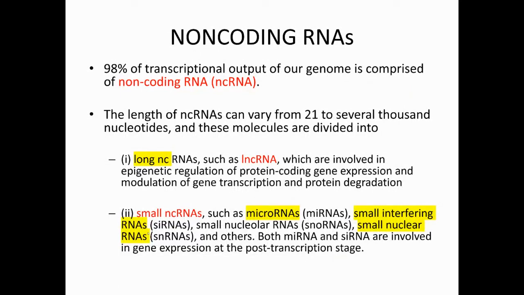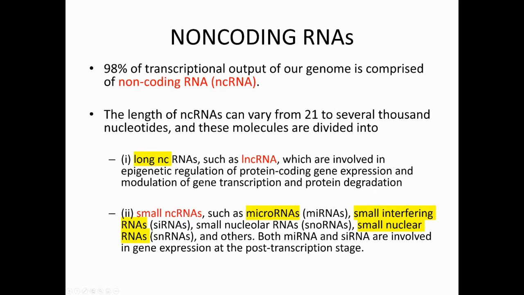And now the non-coding RNA. 98% of the transcriptional output of our genome is comprised of non-coding RNA. It's called ncRNA, and the length of ncRNA can vary from 21 to several thousand nucleotides. So we have long non-coding RNA, lncRNA, or small ncRNA.